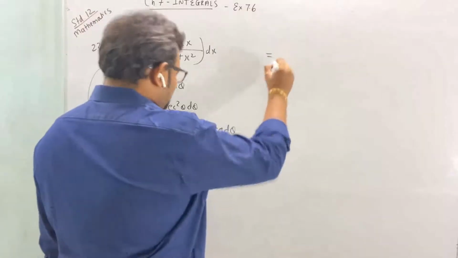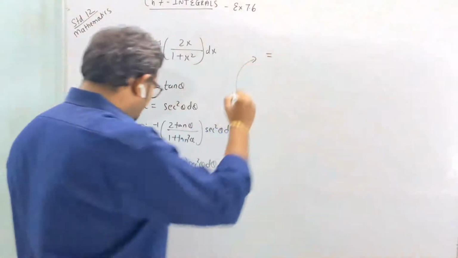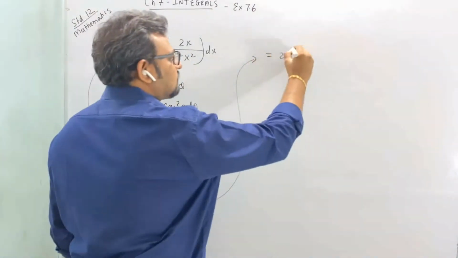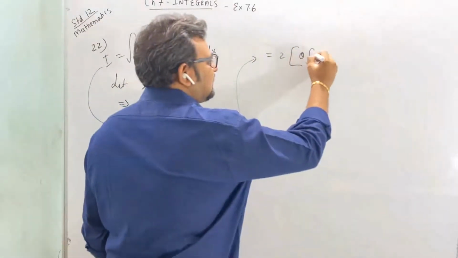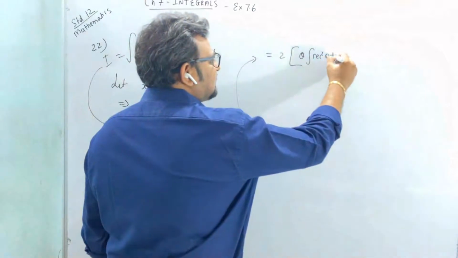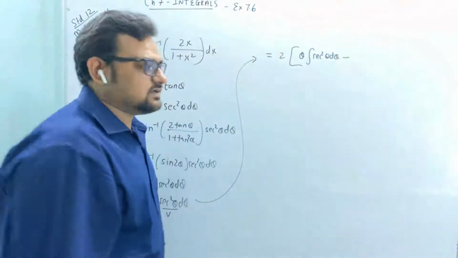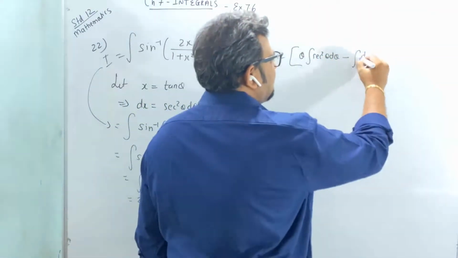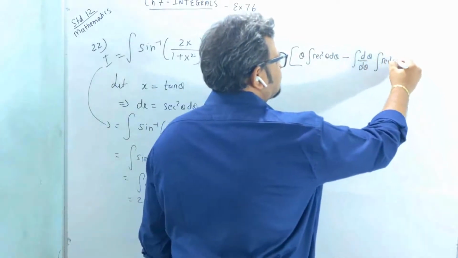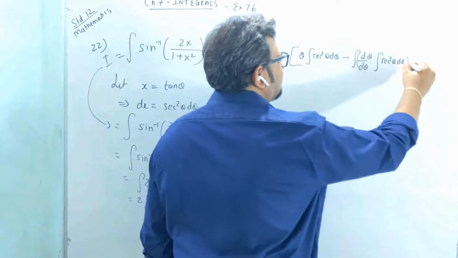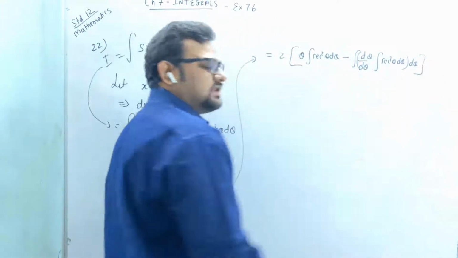So this will be equal to 2 theta as it is, integration of sec square theta d theta minus derivative of theta, integration of sec square theta d theta into d theta.